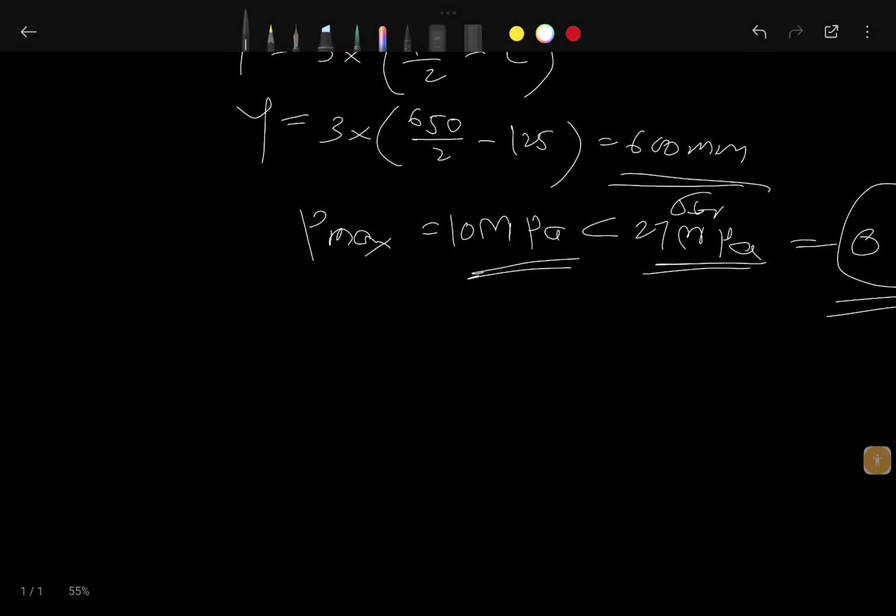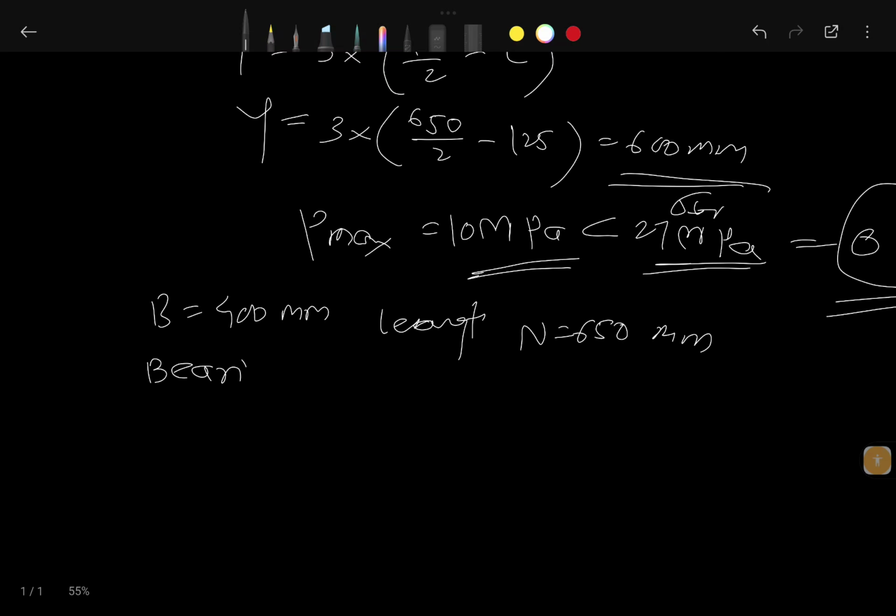Therefore, the base plate size we use is B equal to 400 mm, length N equal to 650 mm, and bearing area is equal to 400 into 650.